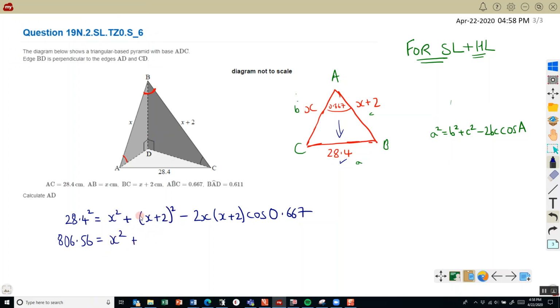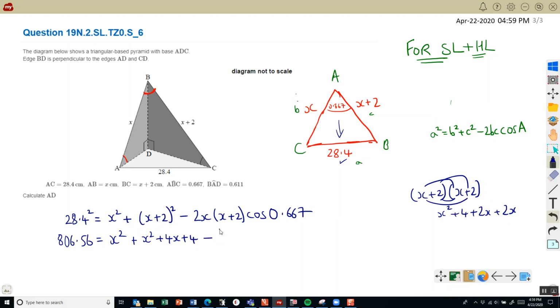What do I get when I expand (x plus 2) squared? I'm going to get x squared plus 4x plus 4. If you're not sure, do it over here: x plus 2 squared is x plus 2 times x plus 2, x squared plus 4 plus 2x plus 2x. That is where this comes from.